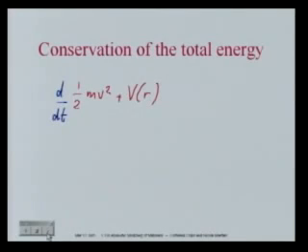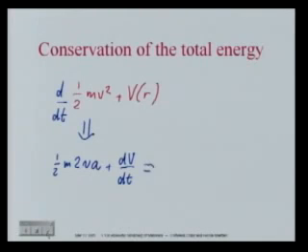So we have taken kinetic energy plus potential energy. We look at the time derivative, and this is just simple algebra. What you get is 1/2 m times 2 times v times the derivative of v with respect to time, that is the acceleration, plus the derivative of the potential with respect to time.